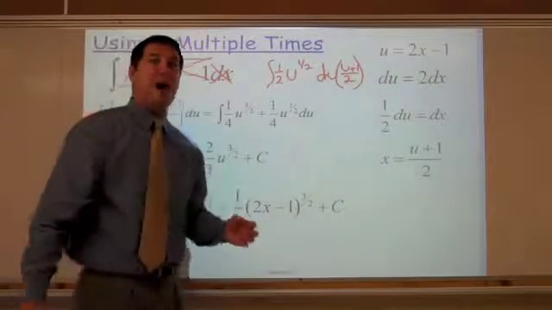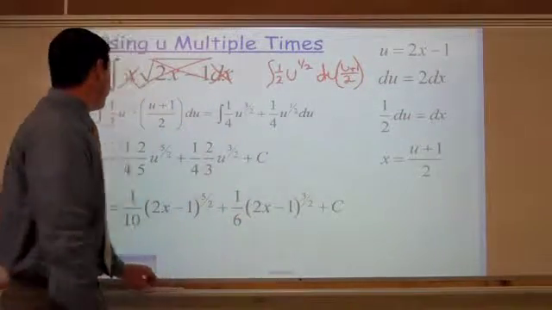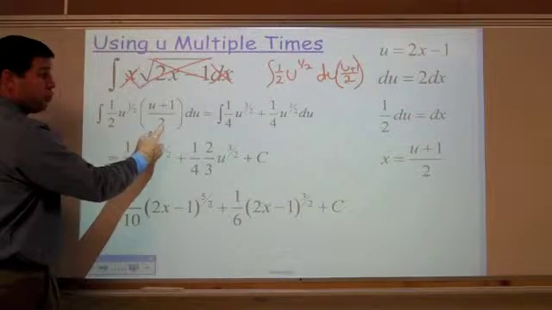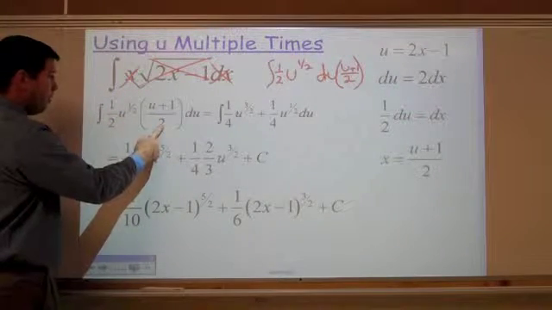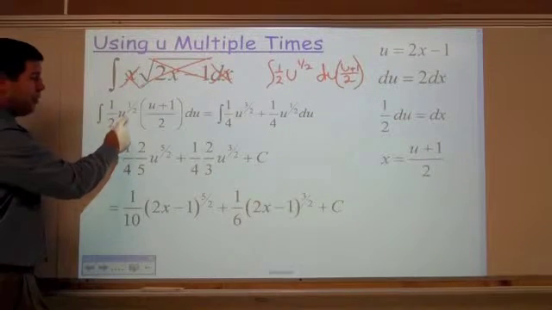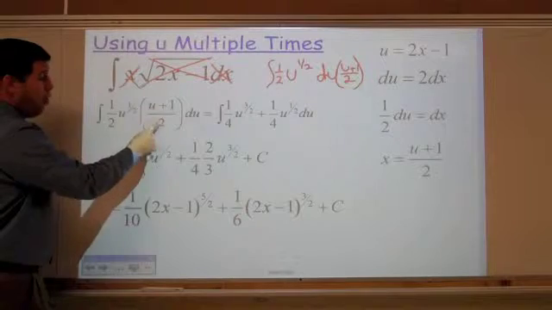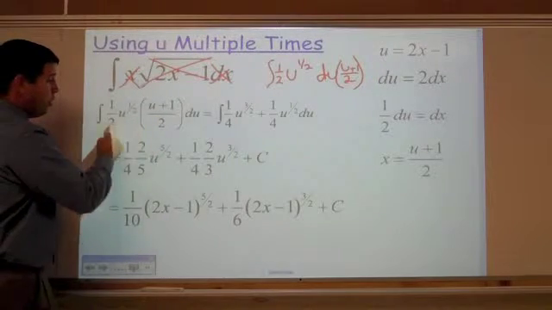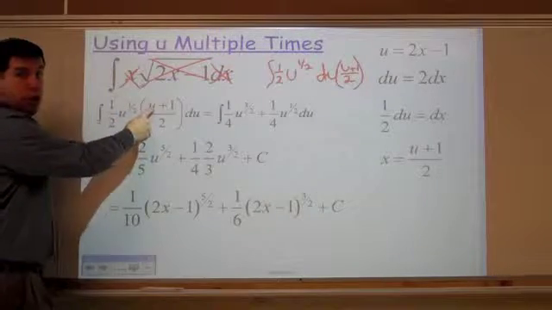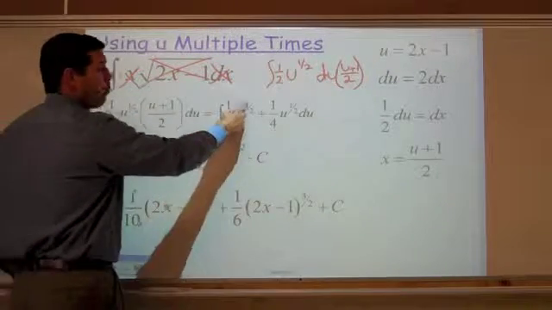Now you're going to have to use a little algebra to clean this up. You see that here: 1/2, u to the 1/2, u plus 1 over 2. So, 1/2 u to the 1/2 times u over 2. Well, the 2 is going to make this a 4 on the bottom. u to the 1/2 times u to the first. Add the powers, I get u to the 3/2.